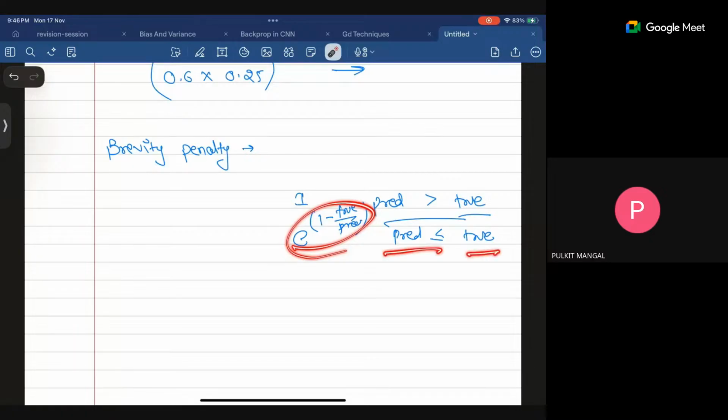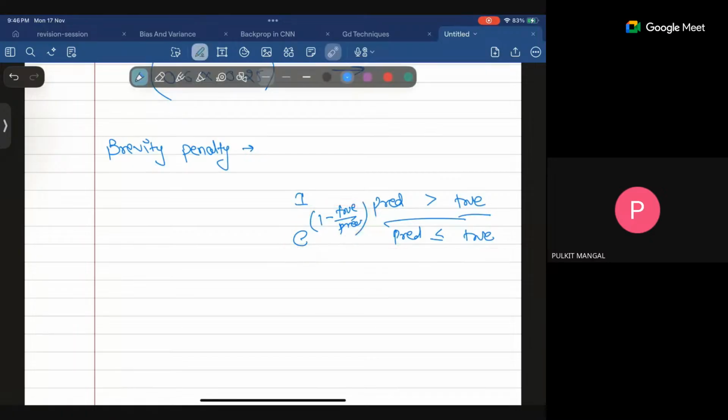In our case the second case becomes true, so we go with exponential of 1 minus 7 by 5, so e power minus 2 by 5.